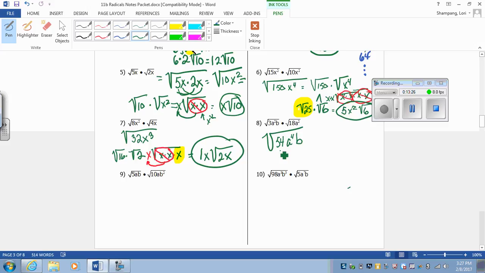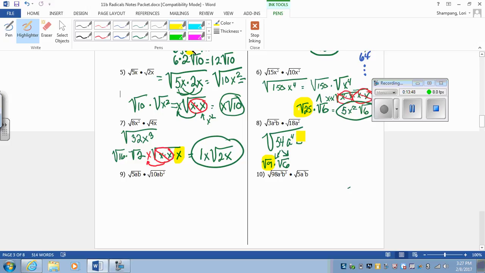So 54 breaks into two factors, the square root of 9 and the square root of 6. So I have found a perfect square common factor, which is the square root of 9, sorry. So I'm eventually going to pull that root out from the square root of 9 and make that a 3.